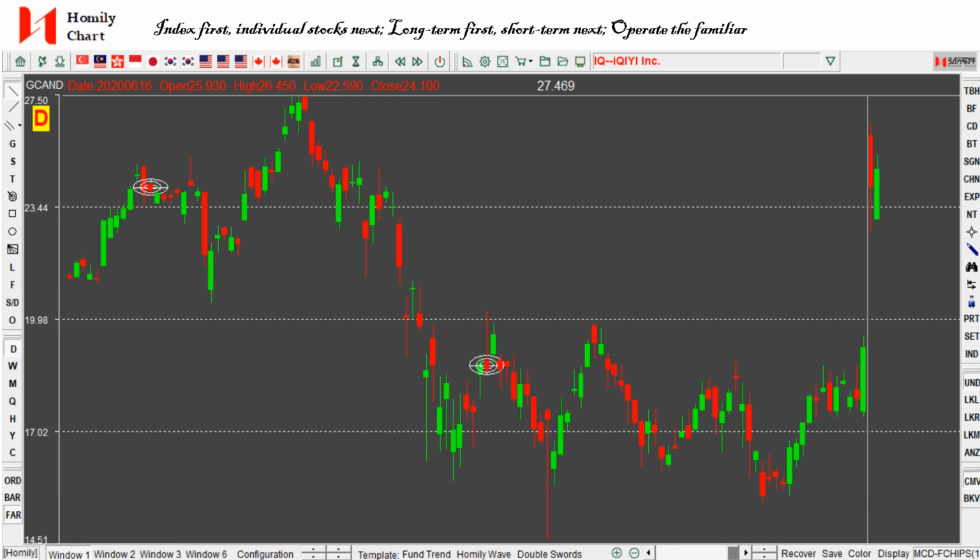Actually, because during the daytime, Tencent announced that it is planning to become IQIYI's biggest shareholder, and people are speculating about a possible merger between Tencent and IQIYI.